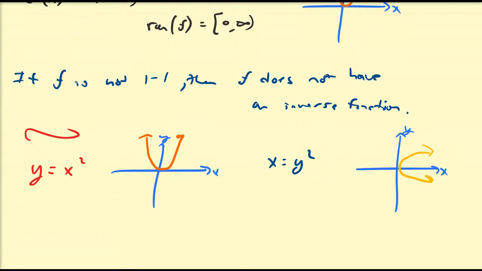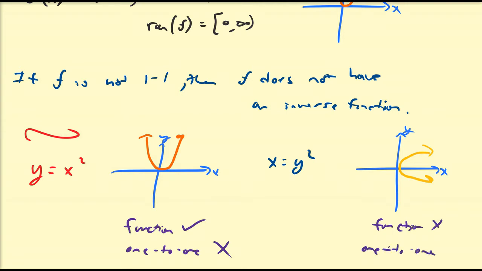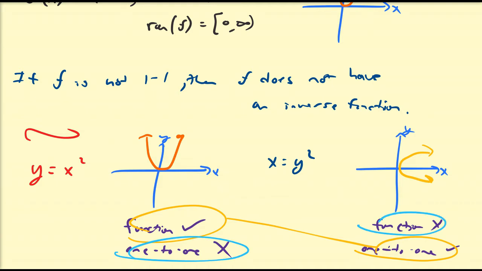So of course this is a function, so that's no big deal, but it's not one-to-one, right? Now this other curve is not a function, but it is one-to-one, right? And this is a common property that you'll always find in between inverse images, because the domain and range always switch between one another.